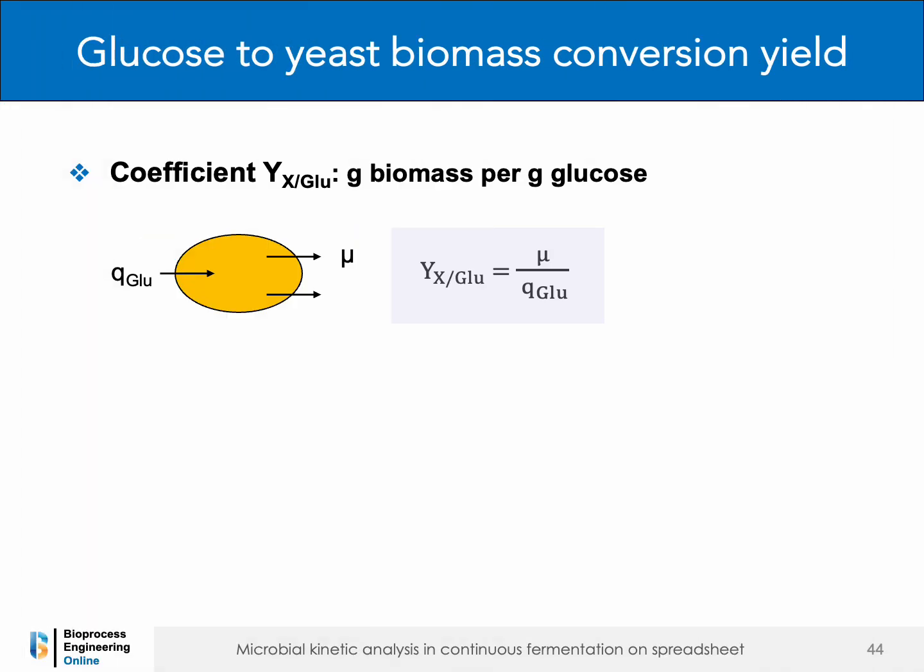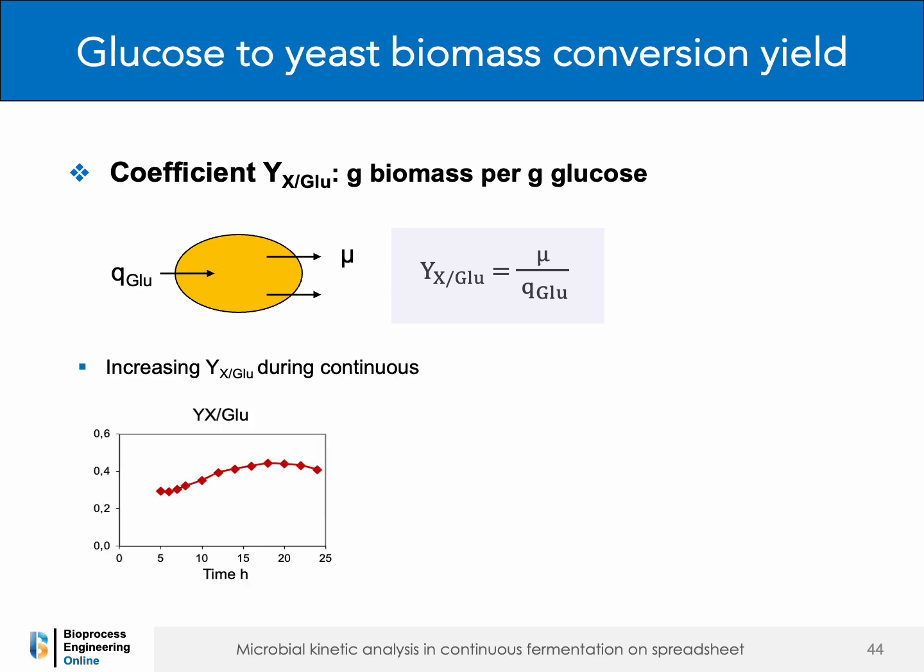The metabolic shift of yeast toward growth rather than fermentation is well characterized by the biomass yield coefficient Y_X/glu, expressed as grams of biomass produced per gram of glucose consumed. This coefficient is calculated as the ratio of the specific growth rate mu to the specific glucose consumption rate Q_glu.